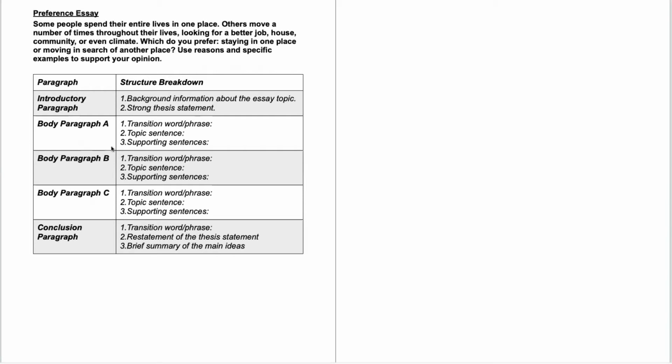Now, I've got our lovely breakdown of our outline here right below. And again, just to remind you, we've got the introductory paragraph, the 3 body paragraphs, and the conclusion paragraph. Now, when you make your outline for practice or during the exam, you can format it as you like.